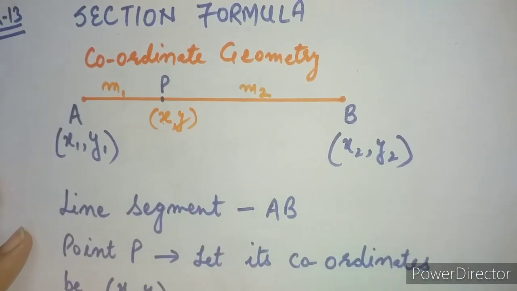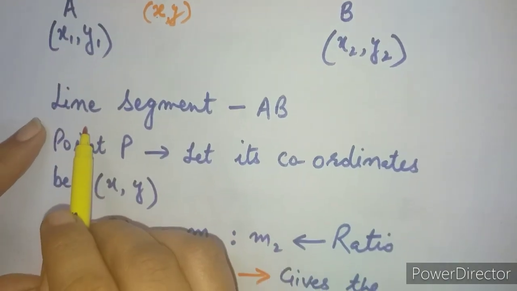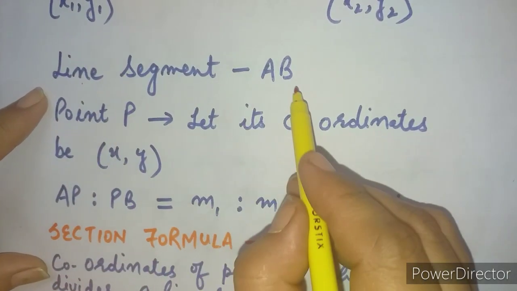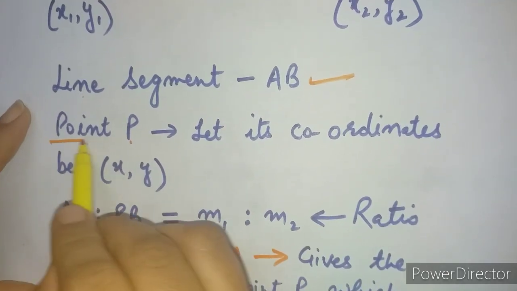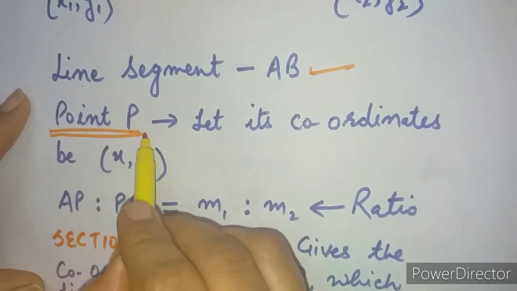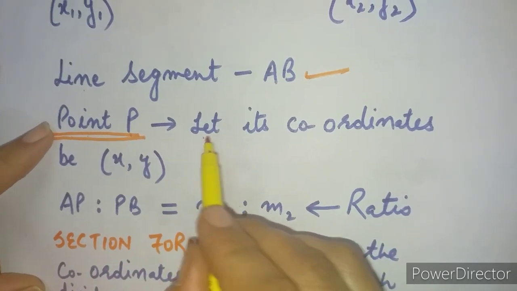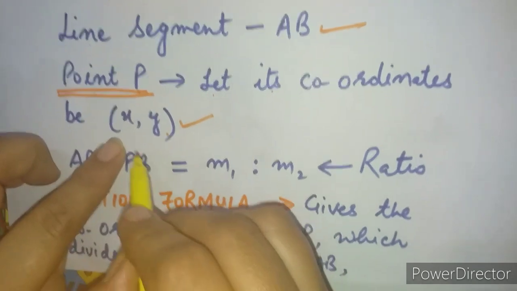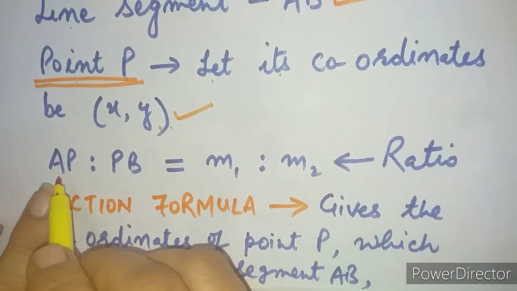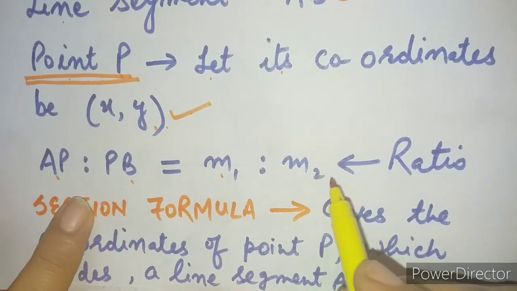Clear? So I have made it a little simpler for you again. There is a line segment AB. We have to find out the coordinates of point P, and I have written, let its coordinates be x, y. Every time either these will be given or we are required to find them. And AP ratio PB is M1 ratio M2.